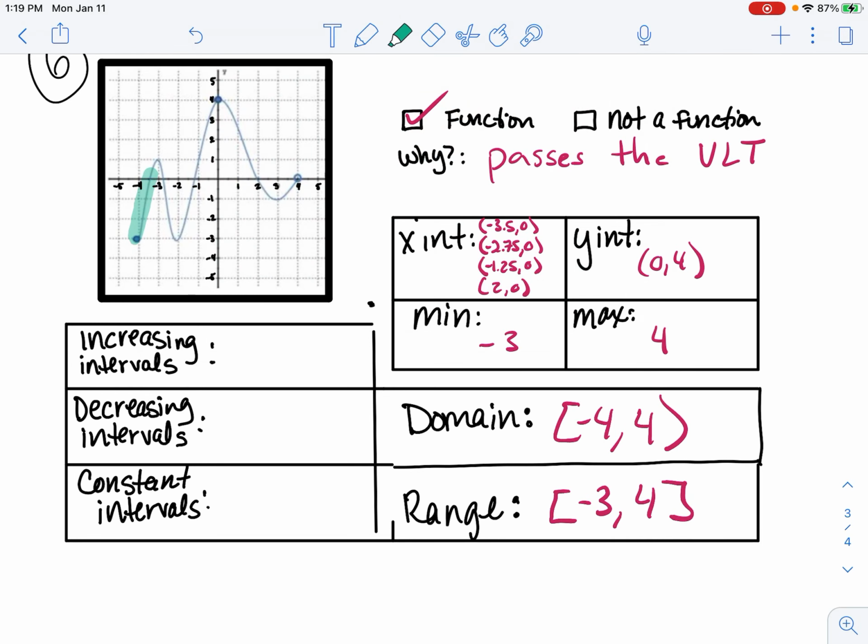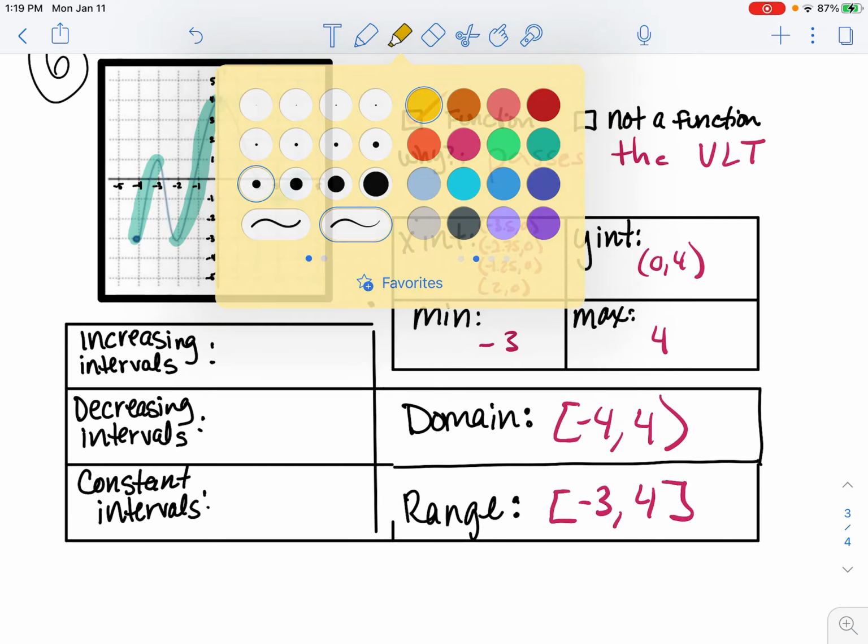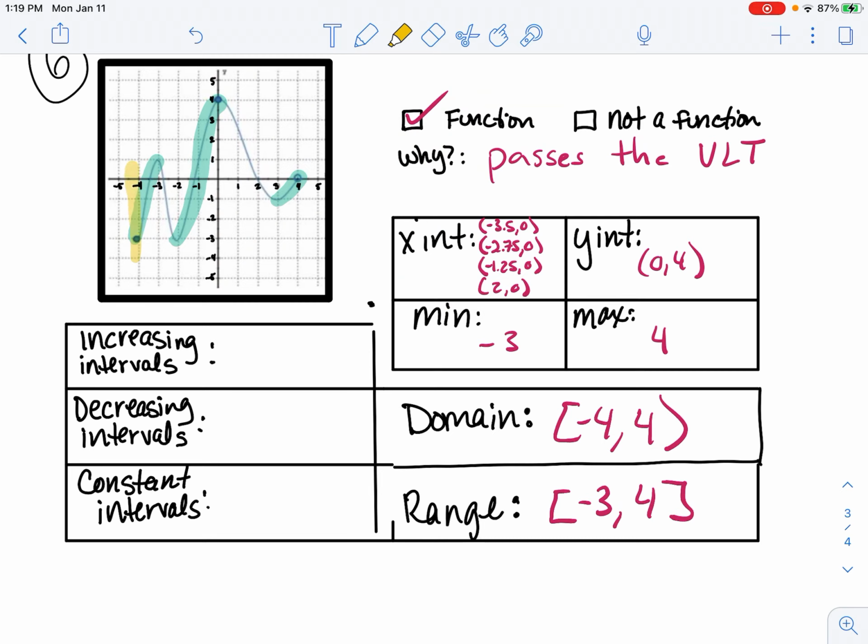Increasing, it increases from here to here, from here to here, and from here to here. So we have three sections, from -4 to -3, from -2 to 0, and from 3 to 4.